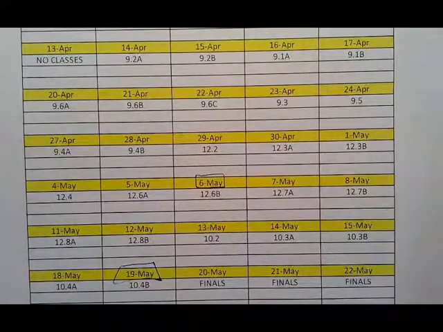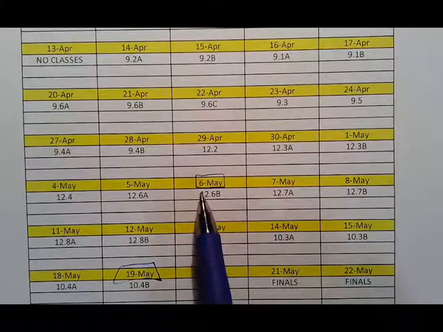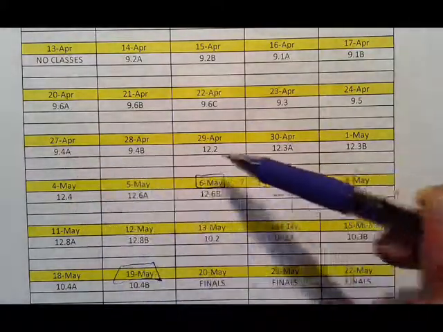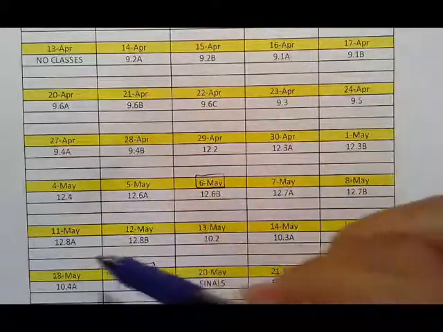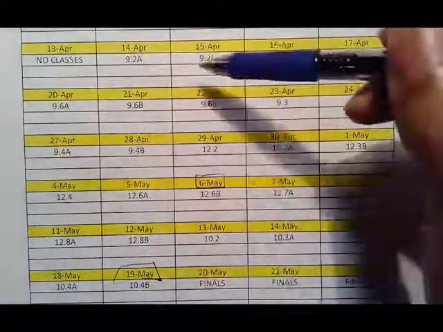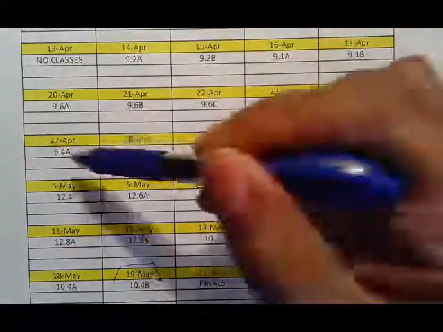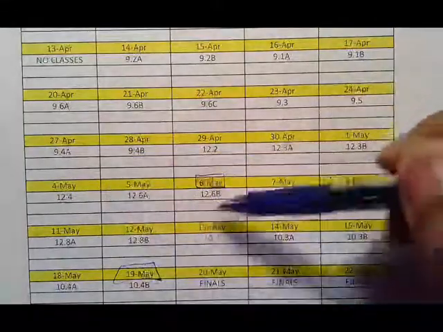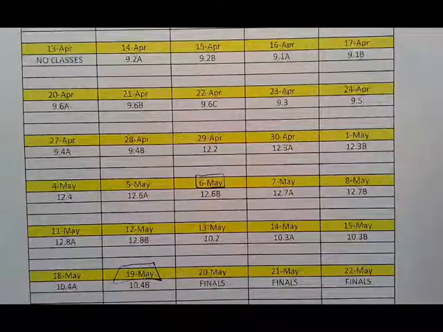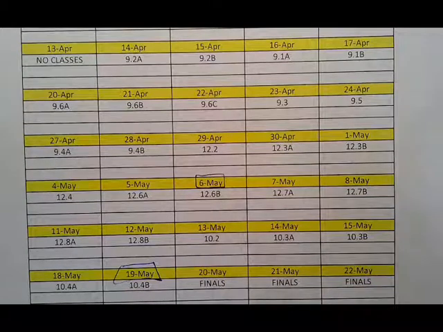So again, for those of you who are ahead, who have actually been working, you'll be done with me on May 6th, but again, everything is due on May 19th.